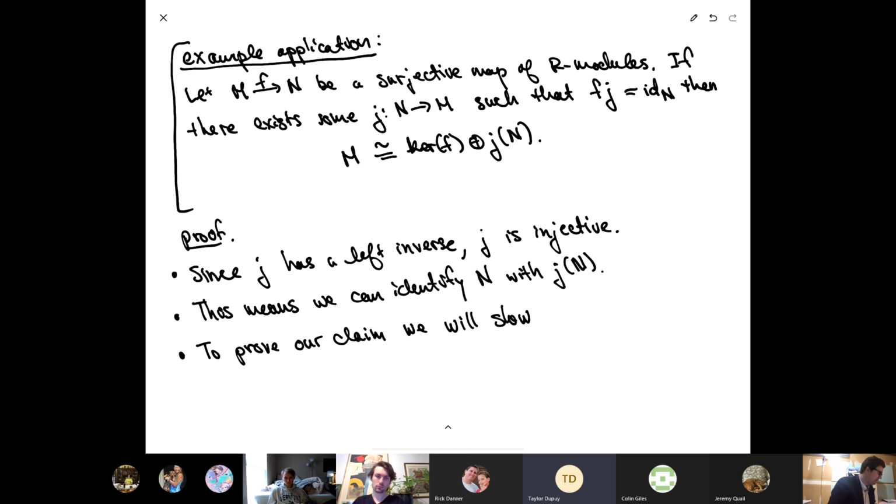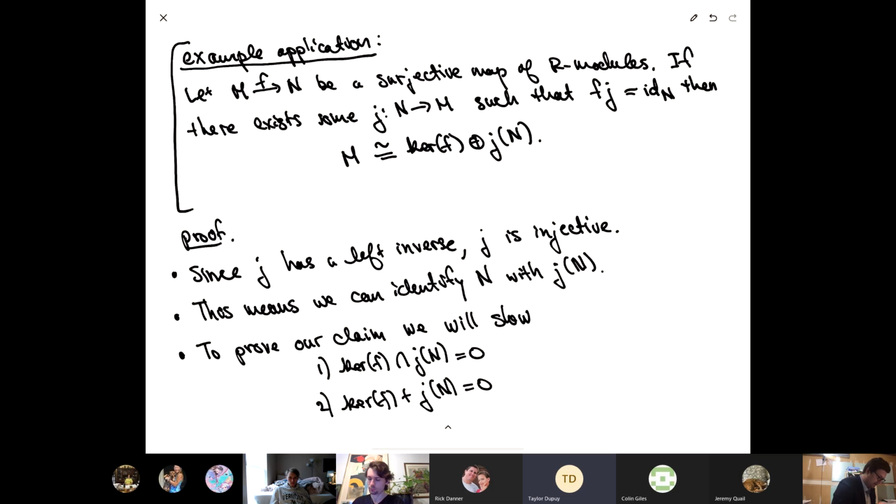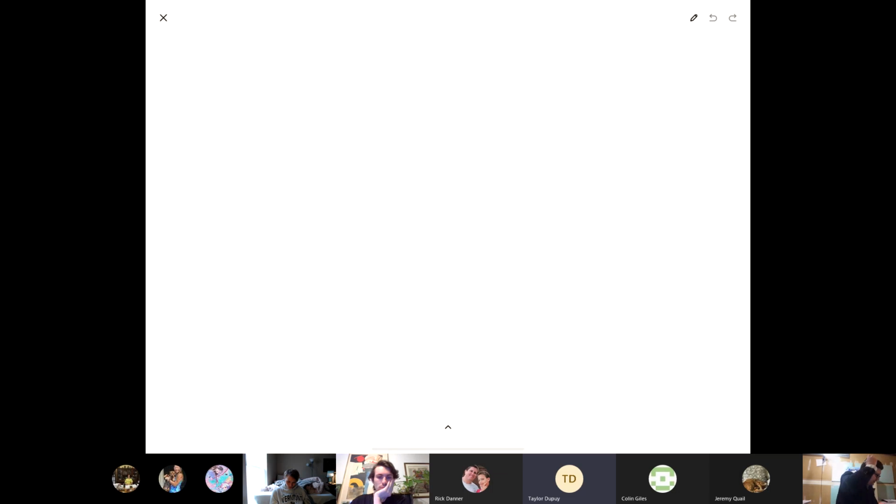The two things that you need to show are, one, that the kernel of F intersect the image of N is 0, and two, that the kernel of F plus J of N is equal to the whole thing, is equal to M. When we show those two things, that's proving that the two things are in direct sum. Okay. So let's first show the claim.